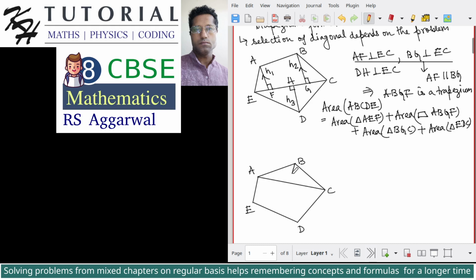So from B, let's say the perpendicular BE. Similarly, from the vertex D, let the perpendicular on EC be DF. Similarly, we will drop a perpendicular from E to AC, let's say this be G.